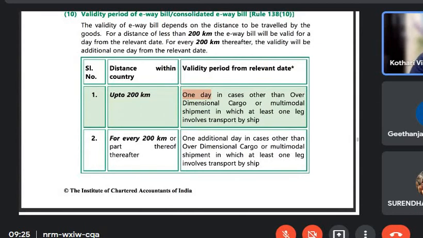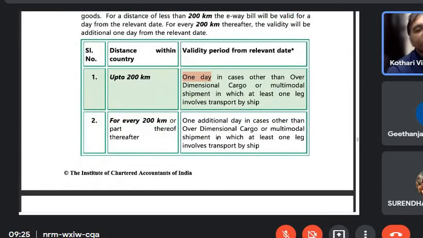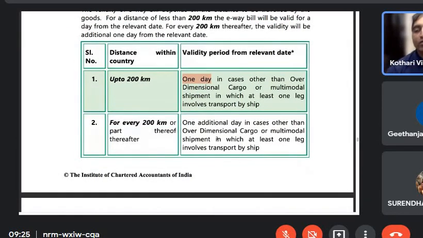Normal circumstances 200. Over-dimensional means a big lorry, that is a 16 wheeler lorry, or by ship, then only it is more. Otherwise it is 1 day per 200 kilometers. So for every additional 200 kilometers, one more day. Say for example from Chennai to Bangalore it is 350 kilometers. Then how many days is it valid? 2 days validity is there.